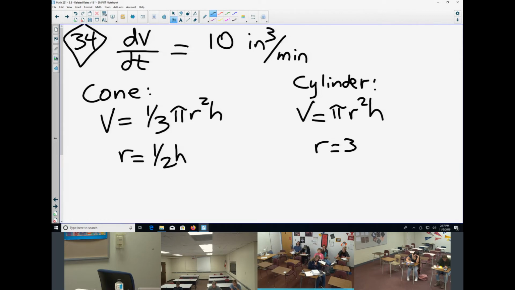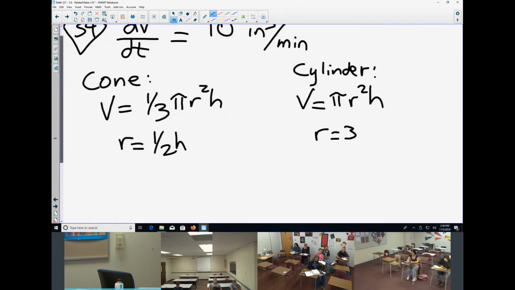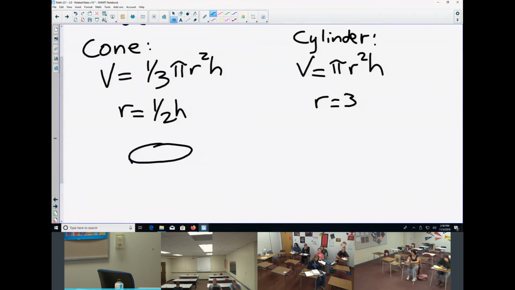Okay. Mr. Strong, how do you get the radius is 1/2 h? Because the radius and the height of the cone, see where it says, okay, in the picture, see it's got the radius and the height of the cone are the same, 6 and 6.